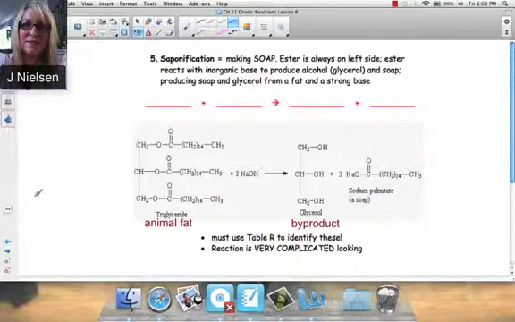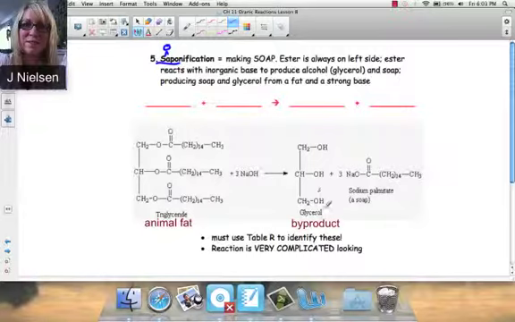So the first thing that we're going to talk about is saponification, and honestly, the only way that I've ever seen them ask this on the Regents is in a multiple choice question. So if you can remember that SAP is only missing the O, and you will have soap, it might be a little bit easier.